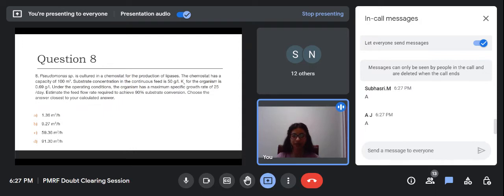Ks for the organism is 0.69 gram per liter. Under the operating conditions, the organism has a maximum specific growth rate of 25 per day. So what you have to do is estimate the feed flow rate required to achieve 90% substrate conversion. Okay, so you have to choose the answer that is closest to your calculated answer.